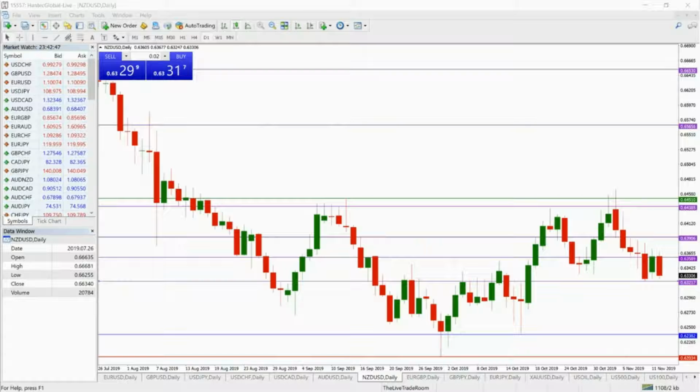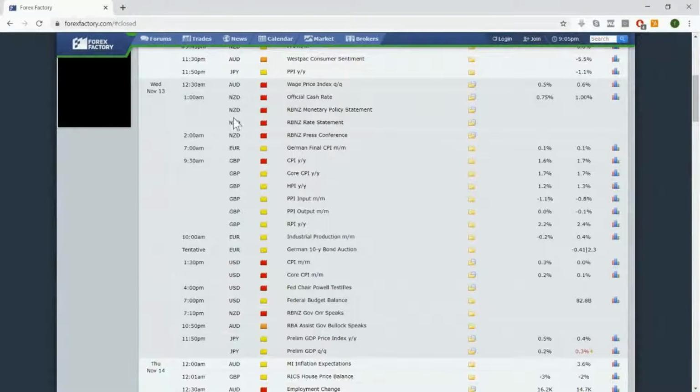From the fundamental perspective, we just want to make you aware, if I bring up Forex Factory, in the early hours of the morning we have the RBNZ making a decision on the official cash rate, and it's expected to see a 25 basis points reduction in the interest rate from 1% to 0.75%. That is a record low for the RBNZ.